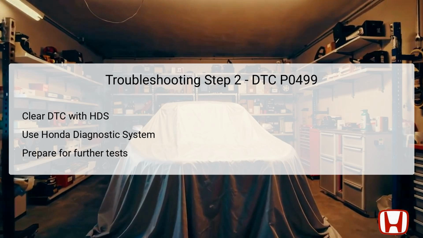This step is crucial as it helps to determine if the DTC reappears, indicating an ongoing problem that requires additional investigation. Preparing for continued diagnostics at this stage is essential to accurately pinpointing the underlying issue affecting the EVAP system.